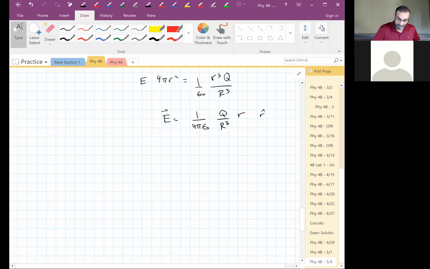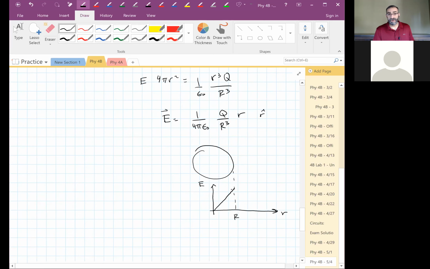So if I were to plot the electric field, here's my charge distribution. Here's my E field plot. That's the radius, right? What does it do? It increases linearly as I start at the origin. It has to be 0 at the center. When r equals 0, the E field has to be 0 because you have equal charge on every side of you, creating an electric field that's canceling out.